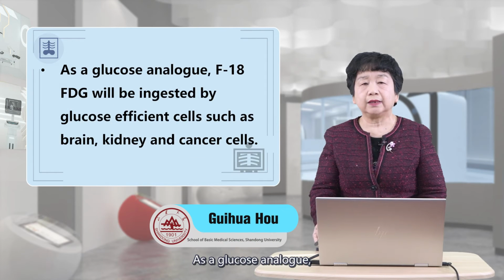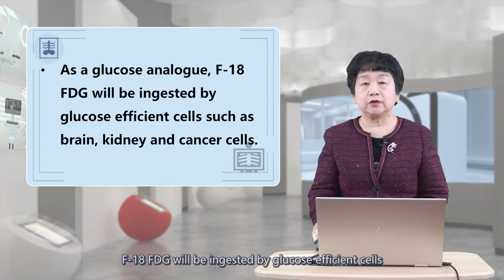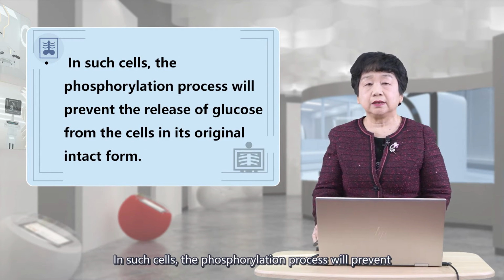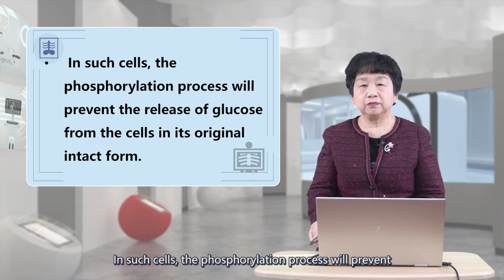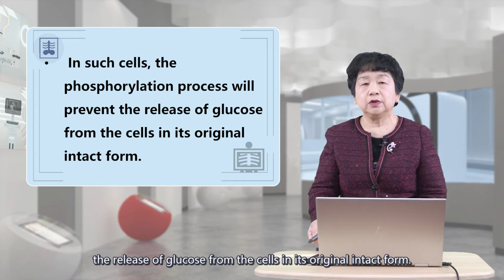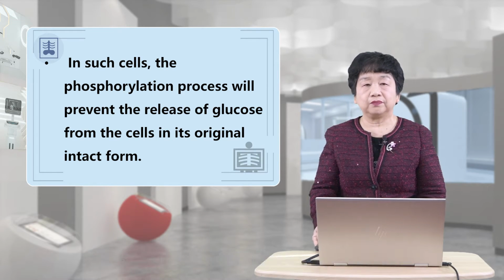As a glucose analog, F18-FDG will be taken up by glucose-efficient cells such as brain, kidney, and malignant cancer cells. In such cells, the phosphorylation process will prevent the release of glucose from the cells in its original intact form.